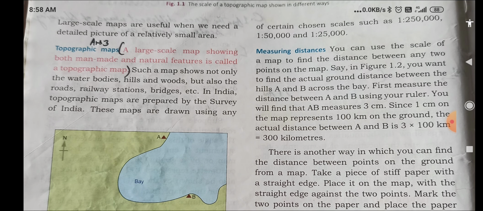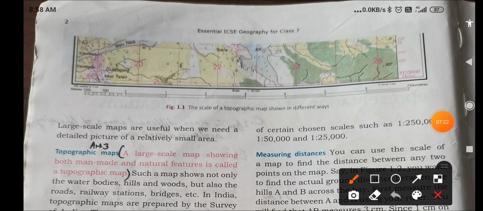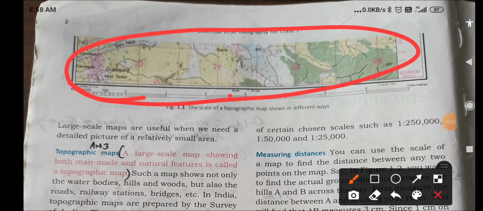Next is the topographic map. So what are topographic maps? You have to learn two things in this: man-made and natural features. A large scale map showing both man-made and natural features is called a topographic map. Here in the figure also you can see, this is known as a topographic map.